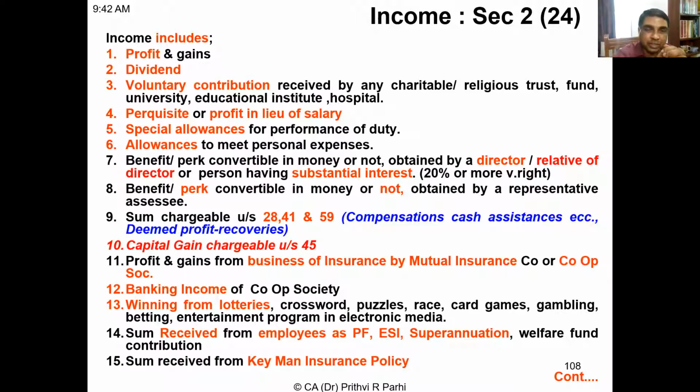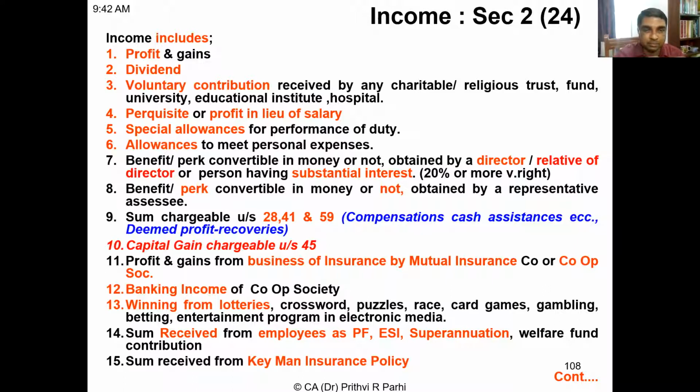That means if he holds 20% or more of the shares, he is understood as a person having substantial interest. And if such a person, director or relative of a director gets some benefit or perquisite, it will be treated as income. Are you getting it? Yes, sir. Point 8.